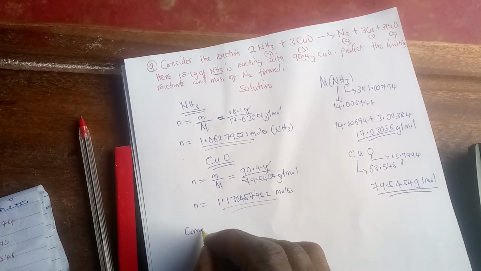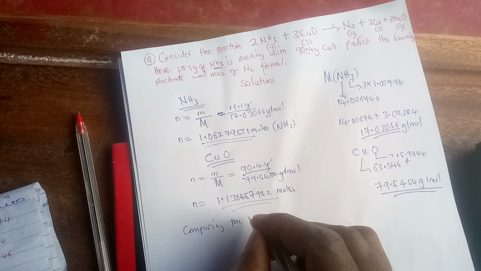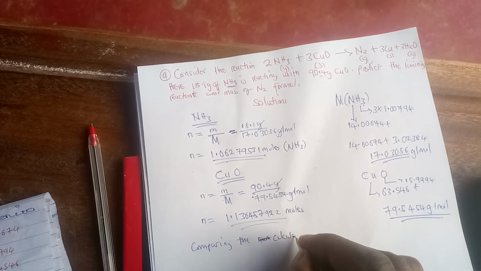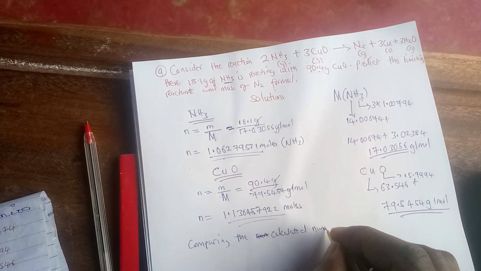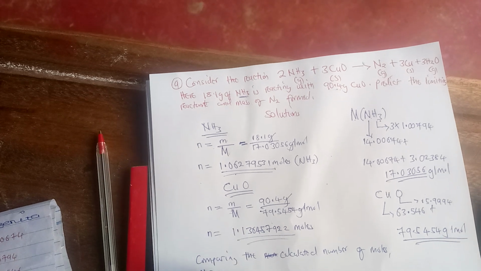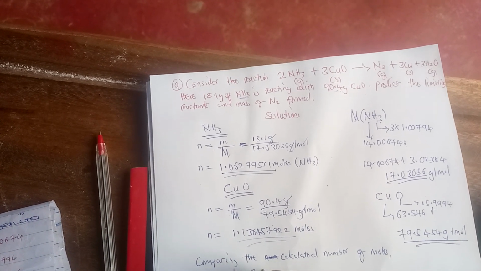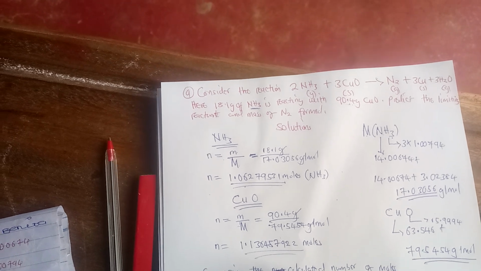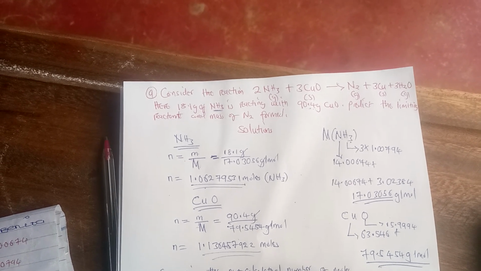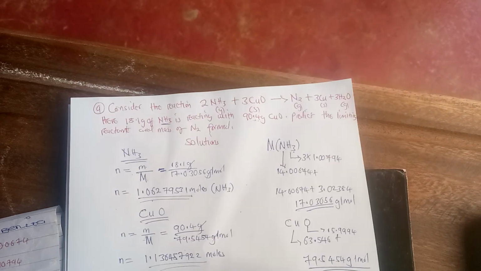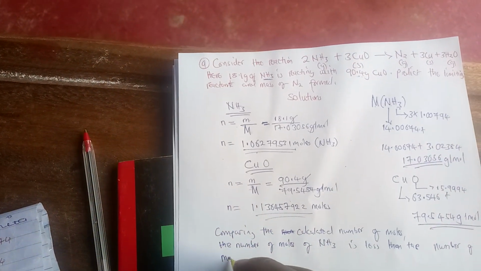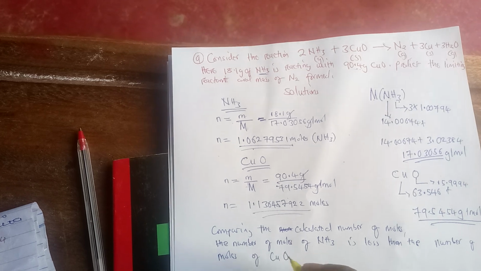I can say: comparing the calculated number of moles, the number of moles of ammonia, which is NH3, is less than the number of moles of copper 2 oxide.